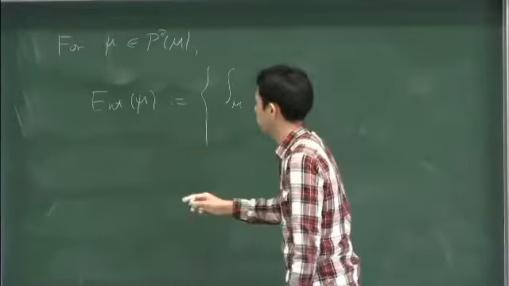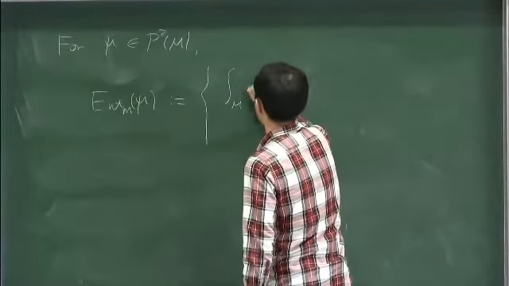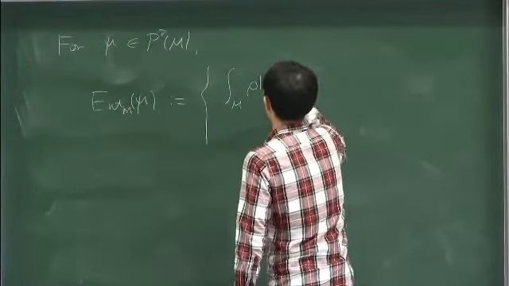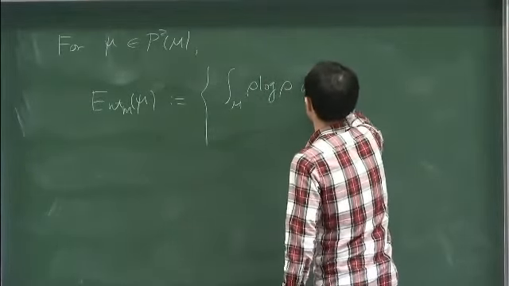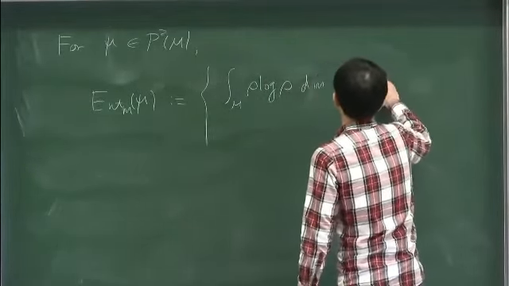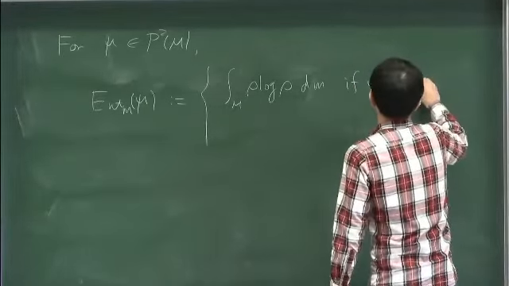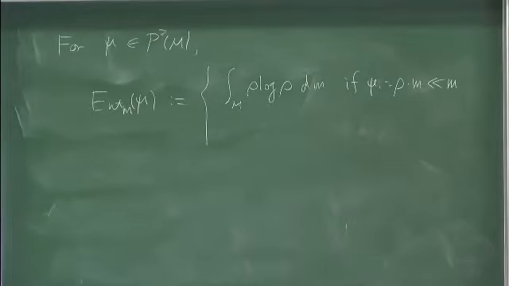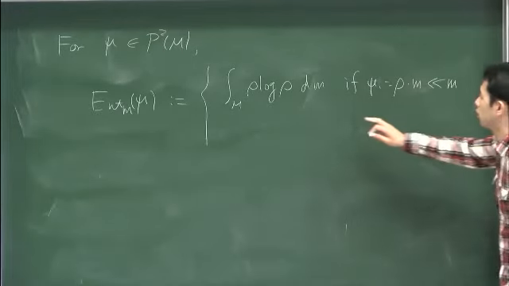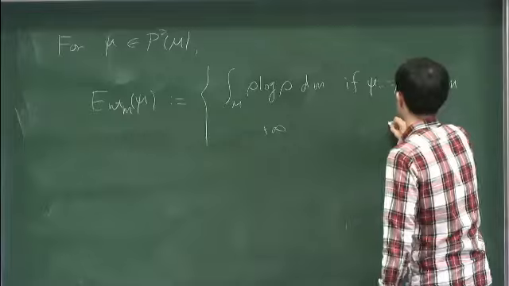If mu is absolutely continuous, this can be written down by using the density function, written like this, and otherwise it's just plus infinity.